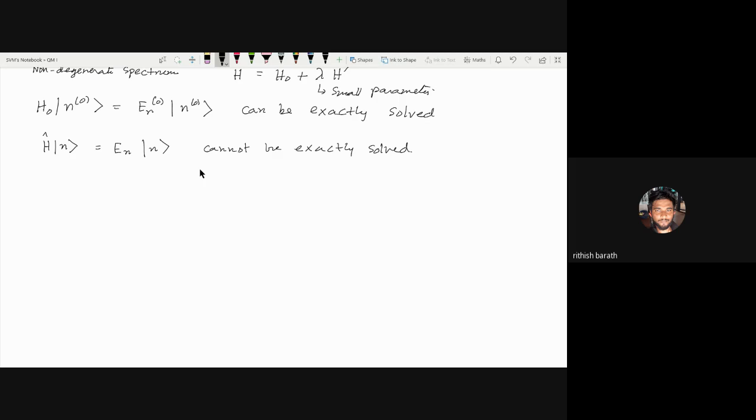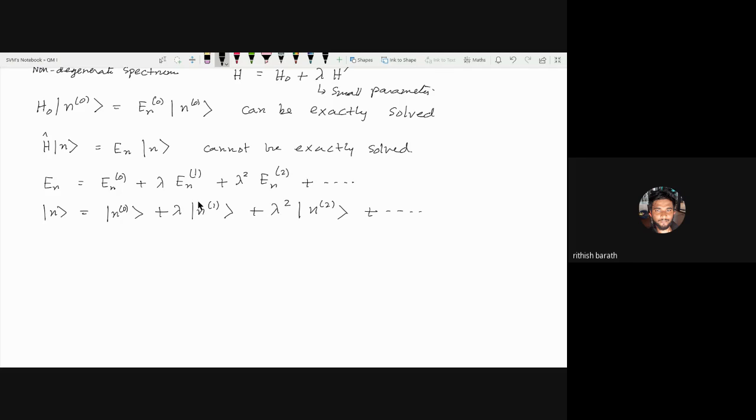So we are going to express En as En0 plus lambda times En1 plus lambda square times En2 and so on, and |n> as |n0> plus lambda times |n1> plus lambda square times |n2> and so on.